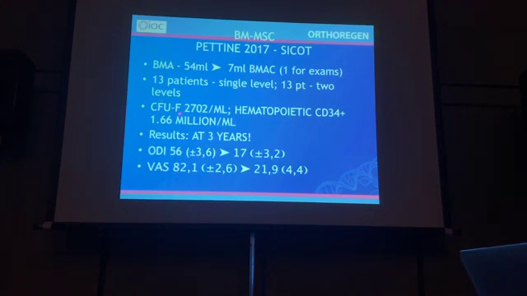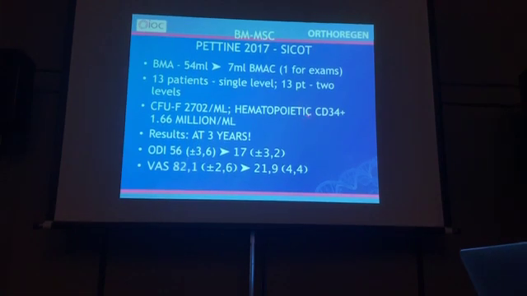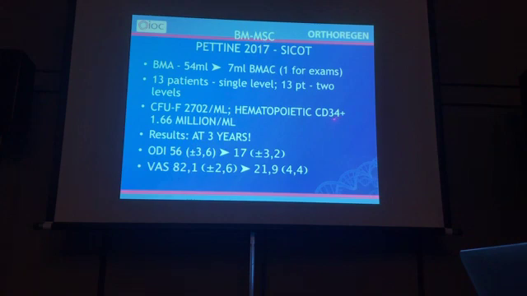This is the amount of cells he gathered. CFUs 2,702 per cc, and he also measured the amount of hematopoietic CD34, which was 1.66 million per cc, and the results at 3 years. 3 years, it's really impressive.